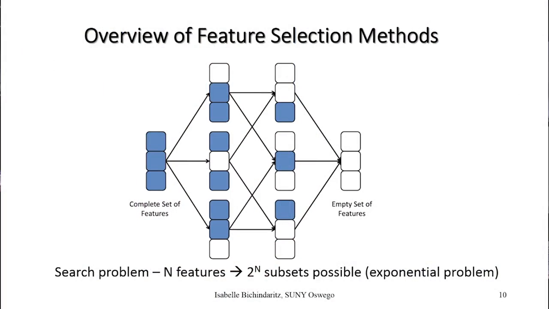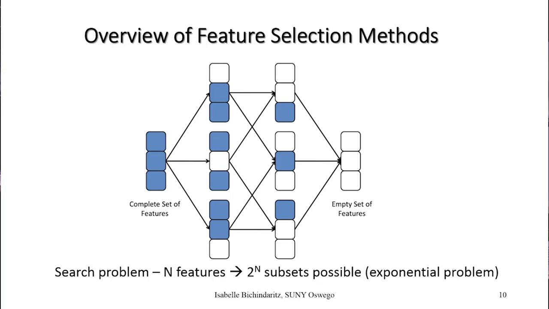Now you may ask me, why don't we just consider all the subsets of features when we want to select and then choose the one that works the best when we test our data model? The issue with this approach is that it's often not feasible, particularly when we deal with a lot of features.